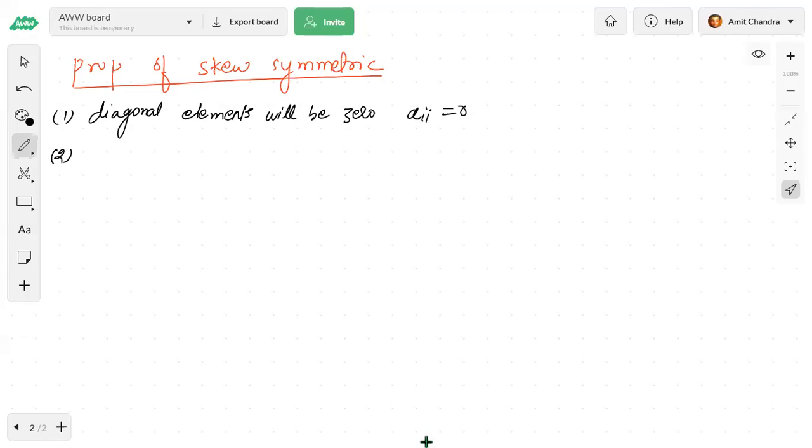Okay. The second property of skew symmetric is, for any matrix A, A plus A transpose is always symmetric.